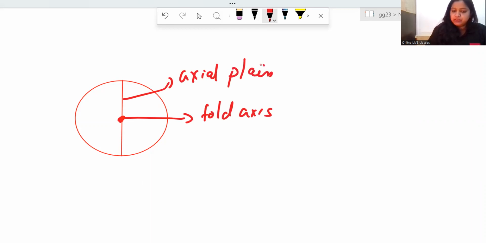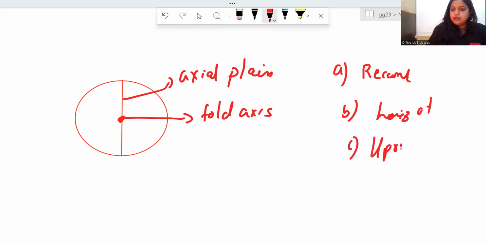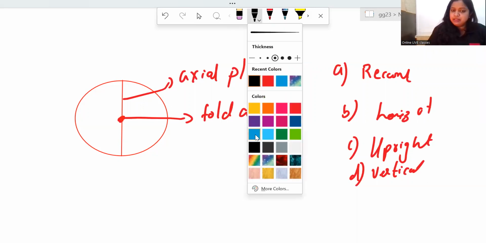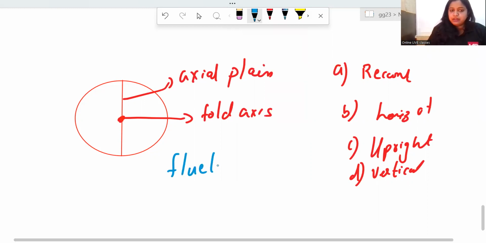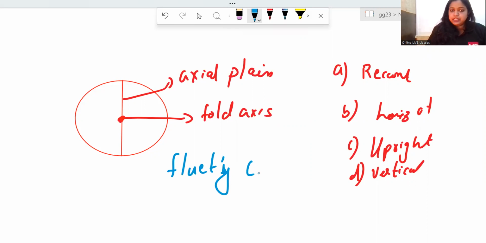The question was an MSQ, multiple selection question, with 4 options: recumbent fold, horizontal fold, upright fold, and vertical fold. This is actually a very easy question, but kind of tricky also. If you know about Fleuty's classification of folds, it is very easy.